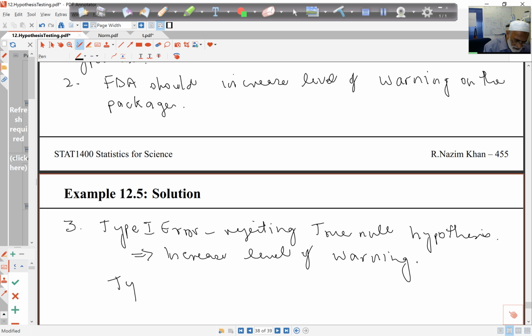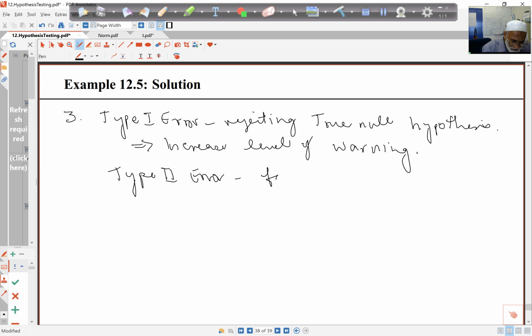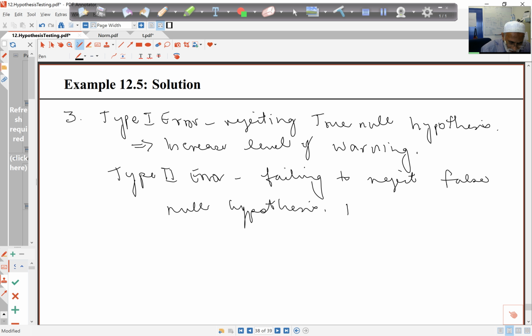Type 2 error is failing to reject a false null hypothesis. So this is more serious because here we actually should have more severe warnings and we won't get them.